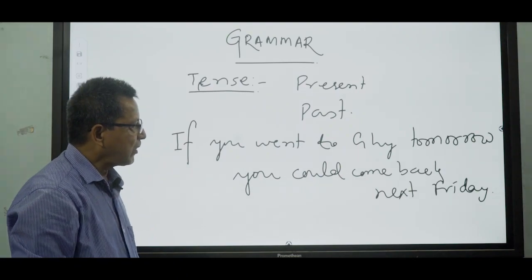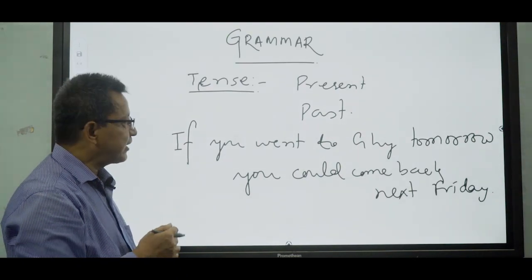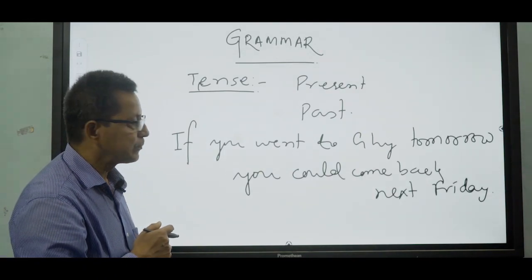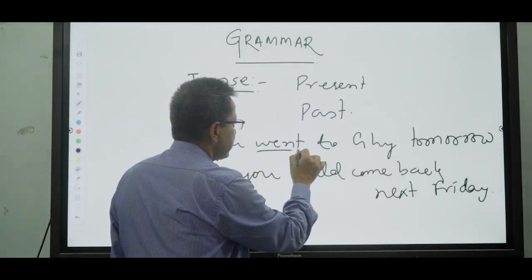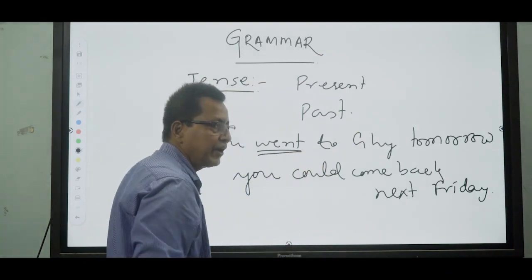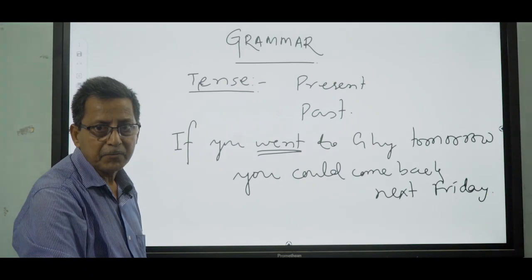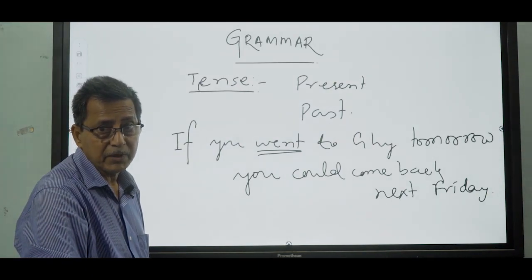Now, look at this sentence. It tells us about a future action. If you went to Guwahati tomorrow, what verb have I used? I have used the past tense of the verb, that is went, but I am referring to a future action.